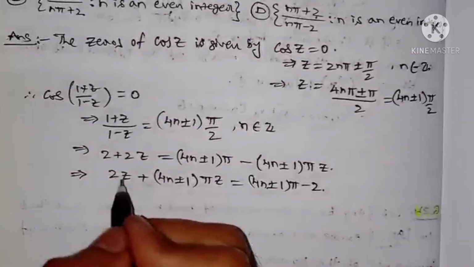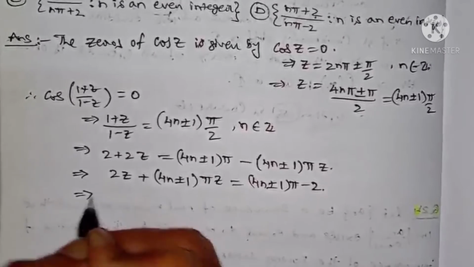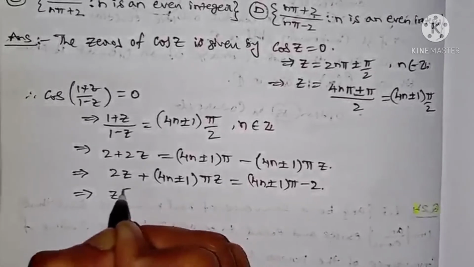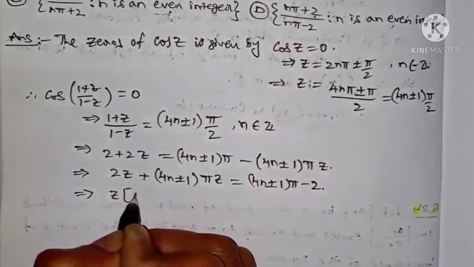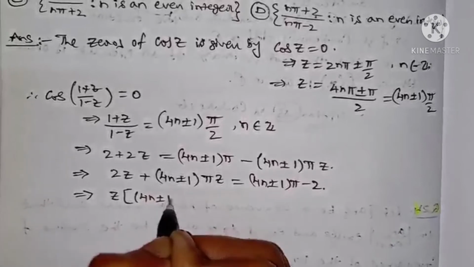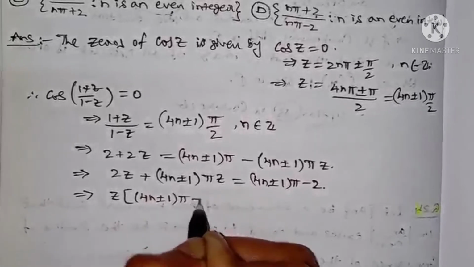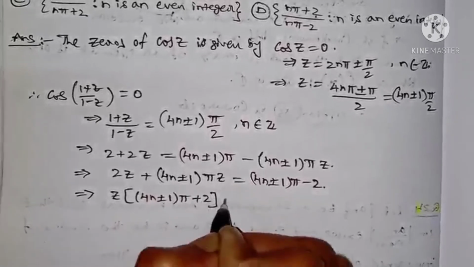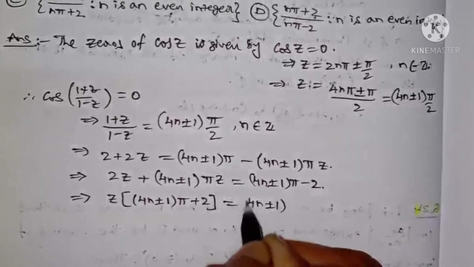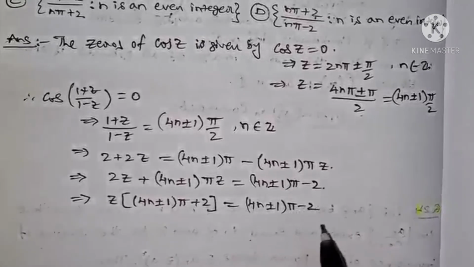Taking z as common, we have z times ((4n plus or minus 1) pi plus 2) is equal to (4n plus or minus 1) pi minus 2.